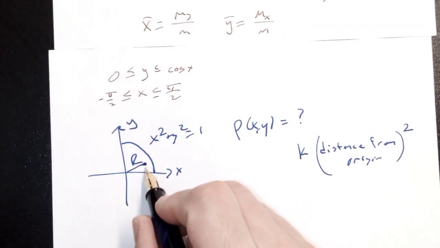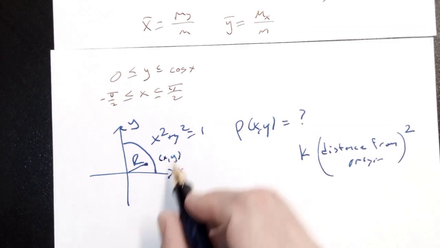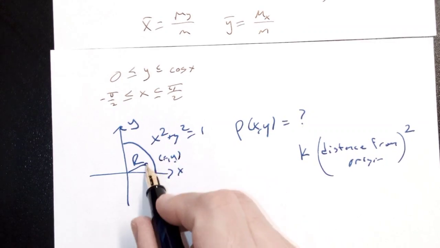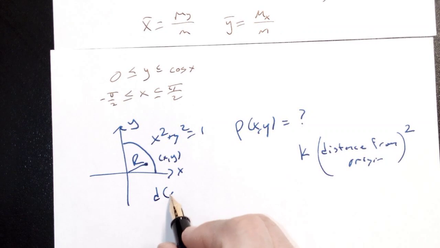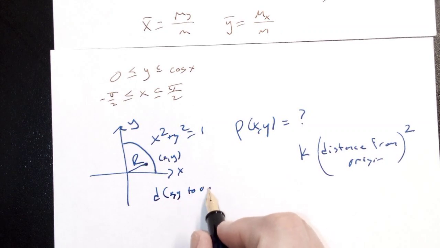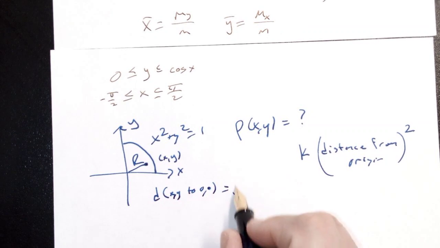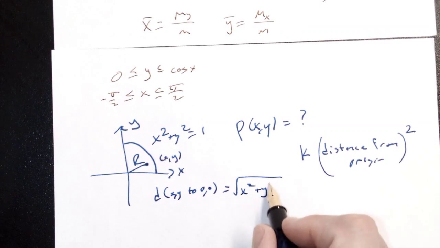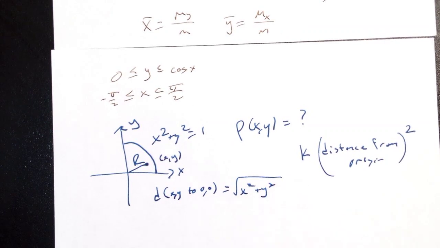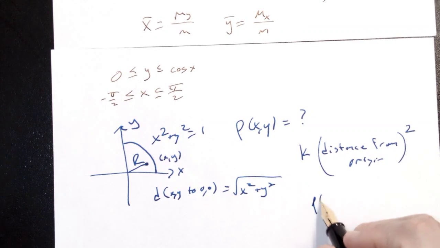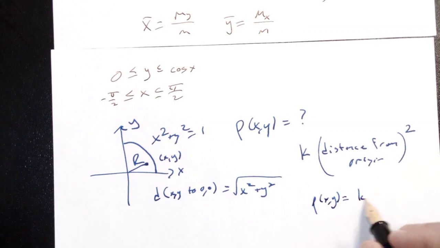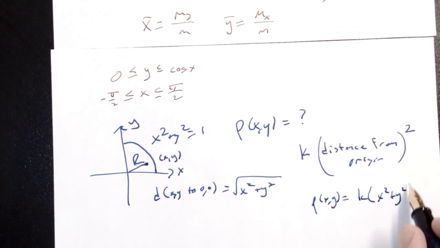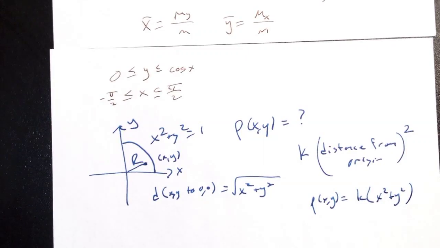If I know the coordinates of this point are x, y, then the distance from the point to the origin, that's the distance formula. Well, I'm going to square that. What's going to happen? I have my density function now.